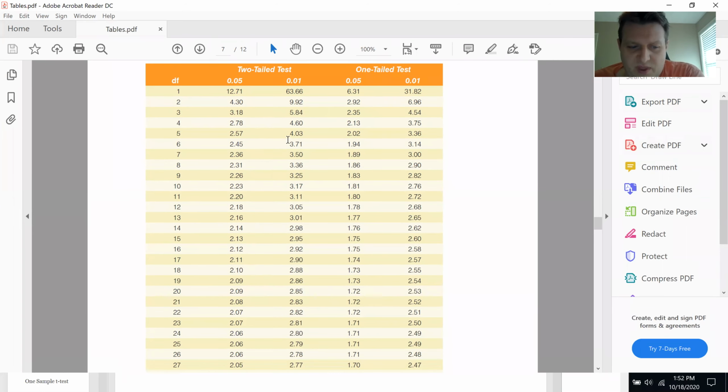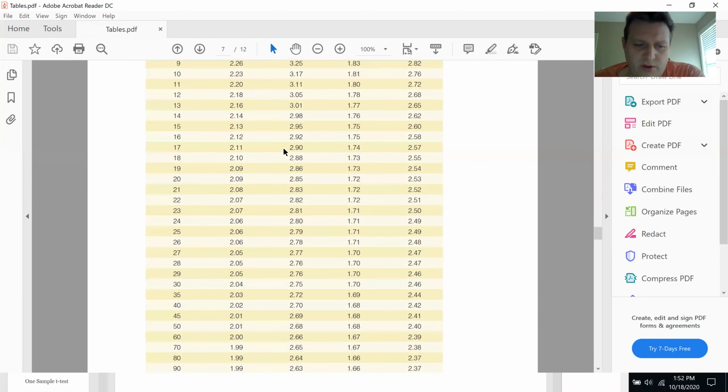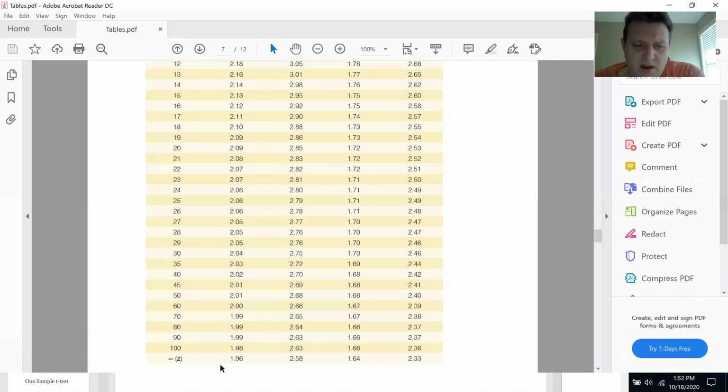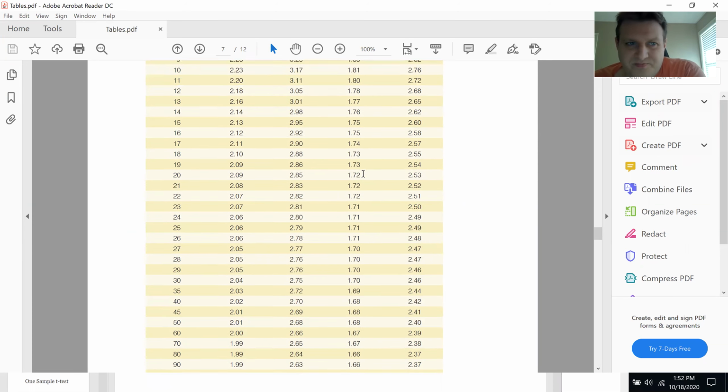As we get more and more subjects, the cutoff value gets to be exactly the same as the z distribution. It's 1.96 and 1.645 here. Those are our cutoff values if we were to have infinite degrees of freedom. If we have infinite subjects, we have pretty much the population.